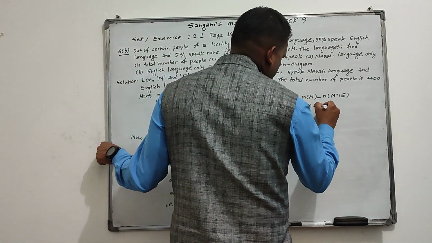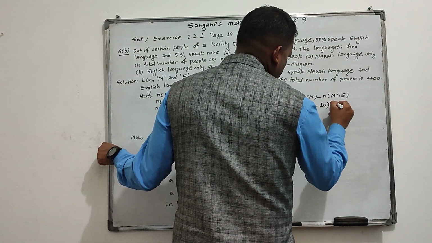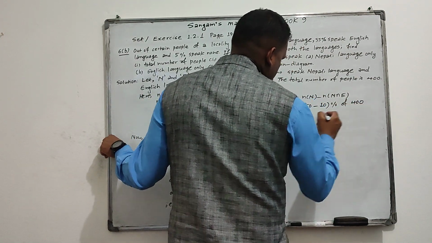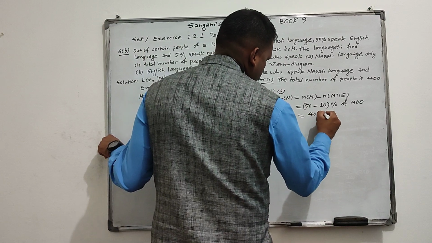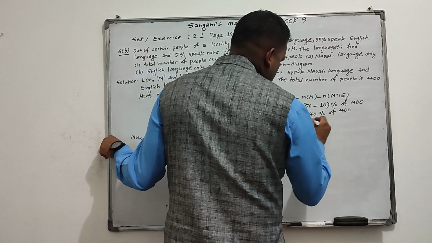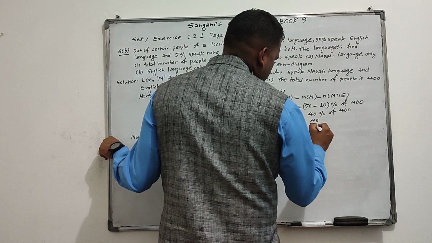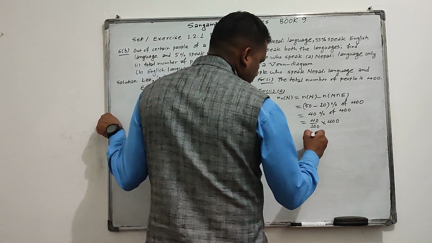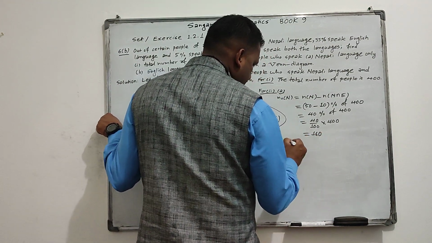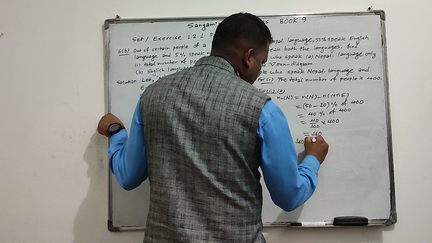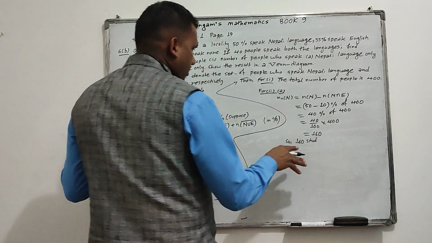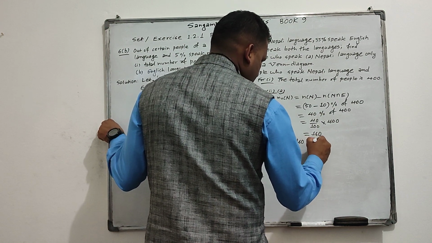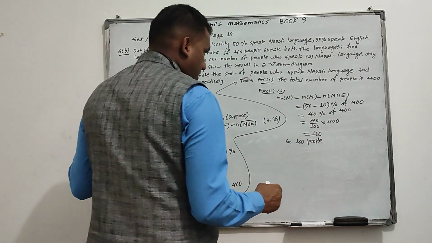So 50 minus 10%, that is 40% of the total students 400, equals 40 by 100 times 400. This equals 160. So 160 people speak Nepali language only.